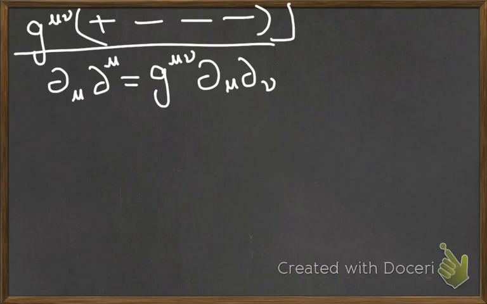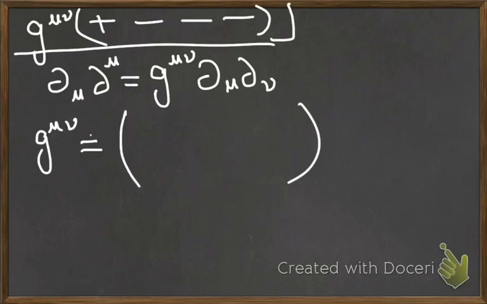Now let me write down my matrix of g mu nu. So g mu nu is represented with a matrix that is, as I said, I'll be using my plus minus minus minus convention. So I'll have 1 over here, minus 1, and minus 1. And all of the other quantities are going to be 0.